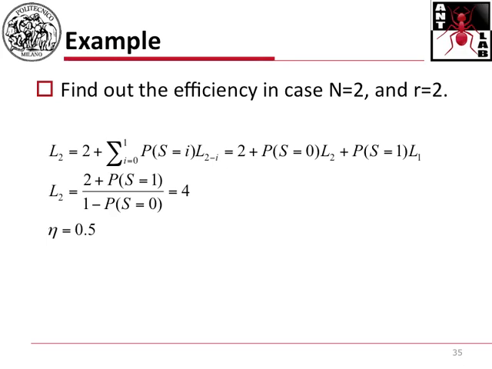L of 2 is equal to 2, which is the size of the initial frame, plus this sum from 0 to 1 of this weighted sum of the L of n values there. Okay? In this case, I'm lucky because the terms to sum are not very many.